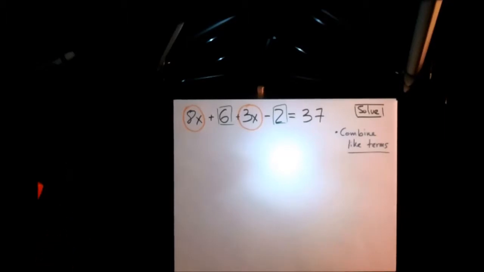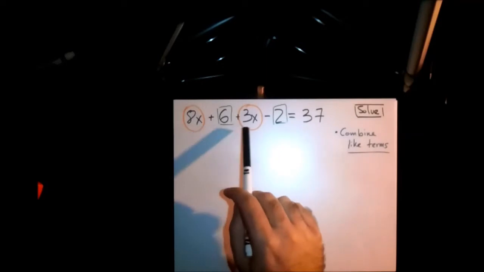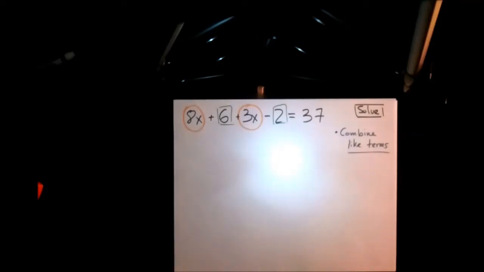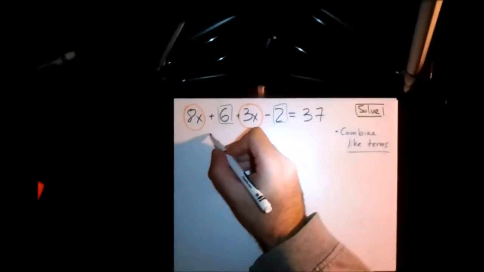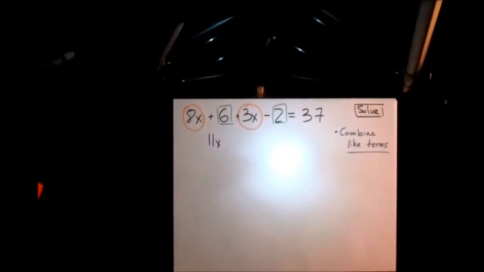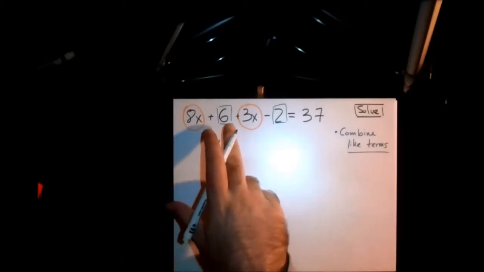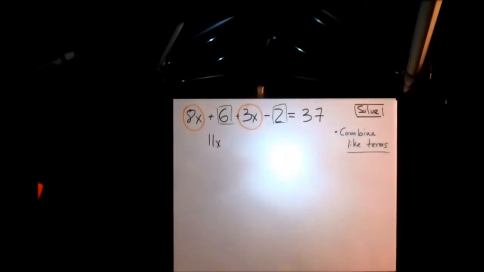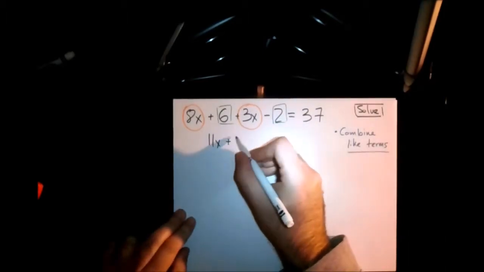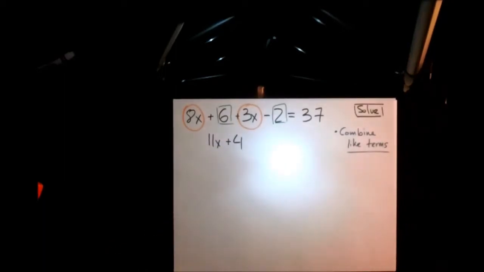Alright, let's combine our like terms. This should be easy. 8x plus 3x. What is that? Alright, good. 11x. Constants now. 6 minus 2. What is that? Alright, so we combined our like terms.